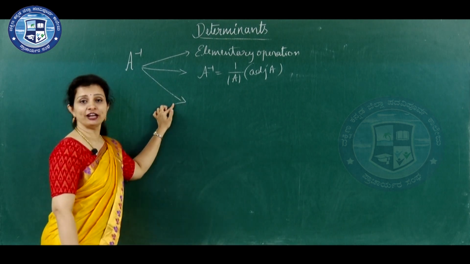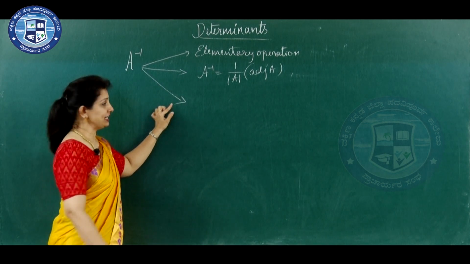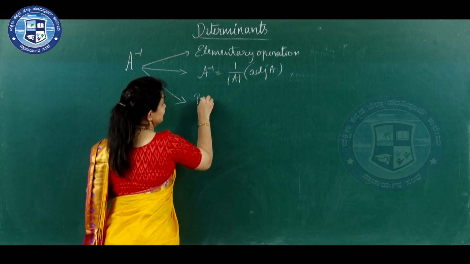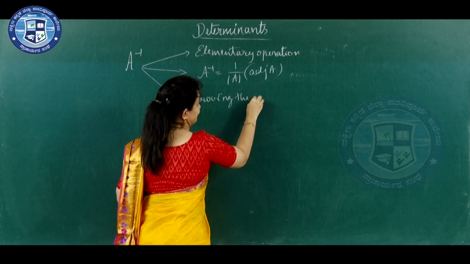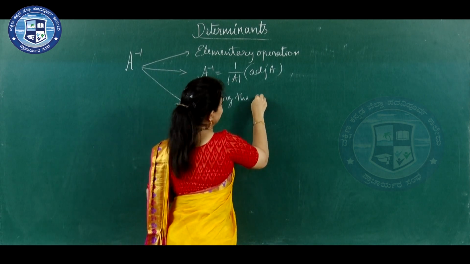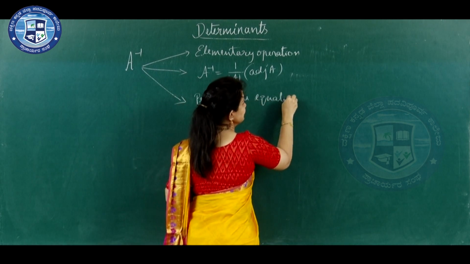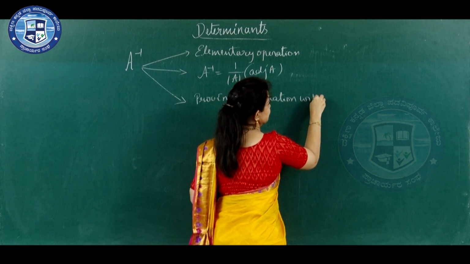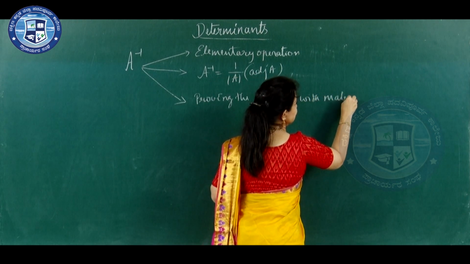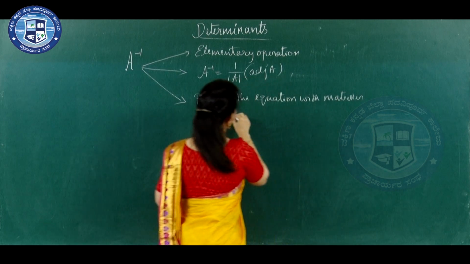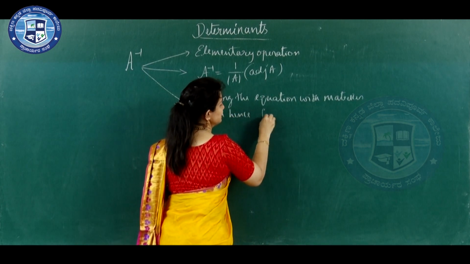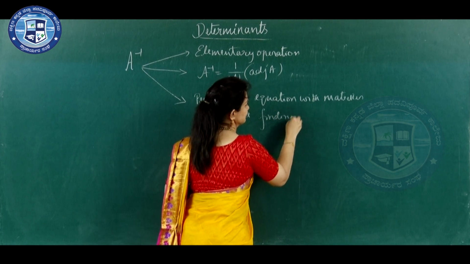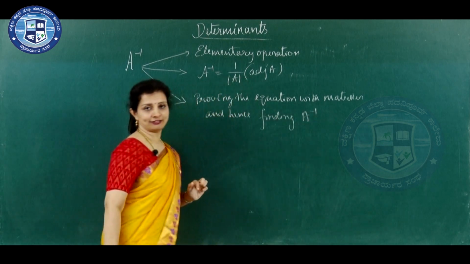And the third way of finding A inverse is proving the given equation with matrices, and hence finding A inverse. This is the third method.